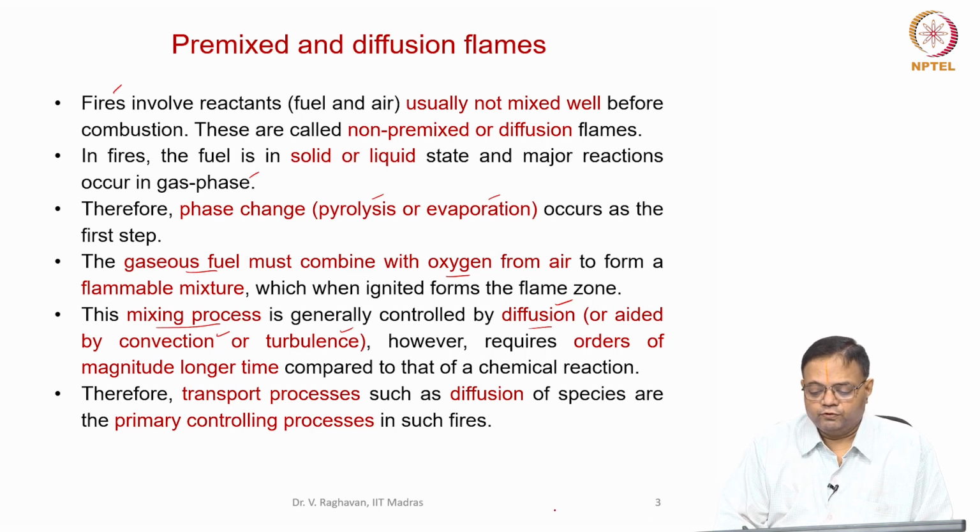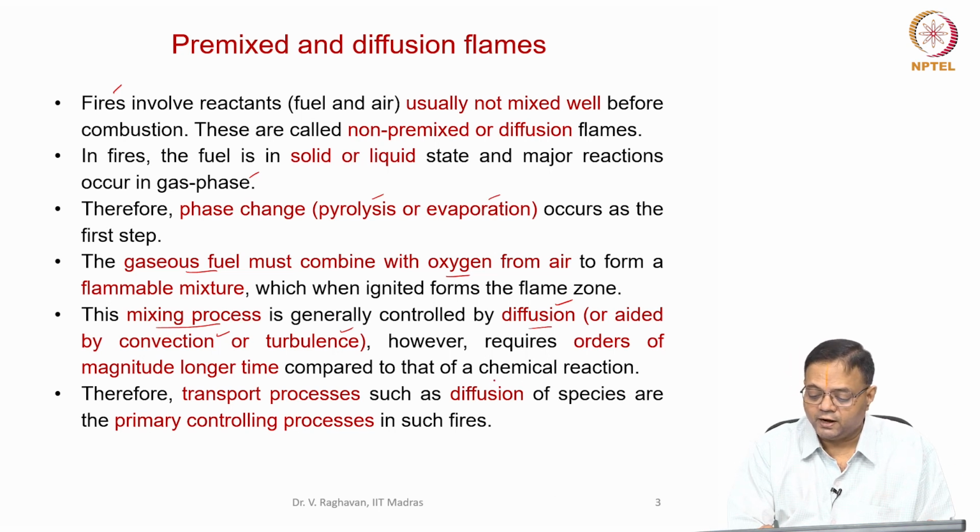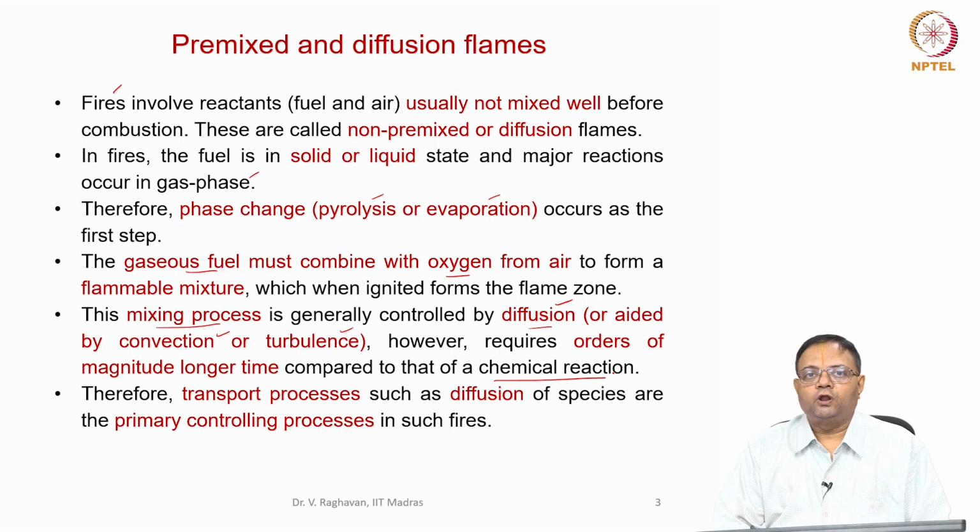The time for diffusion will be orders of magnitude larger than for turbulence. Even the turbulent mixing will have a time scale which is much larger than the chemical reaction time scale. So in all these cases, the chemical reaction will be much faster.